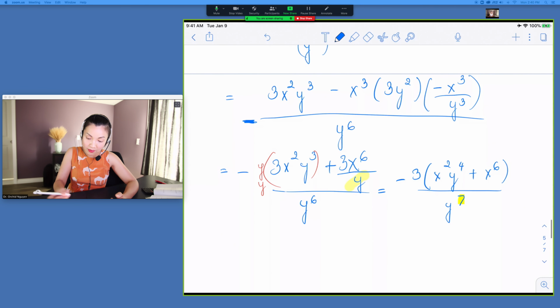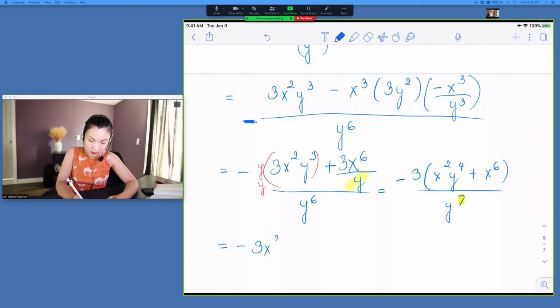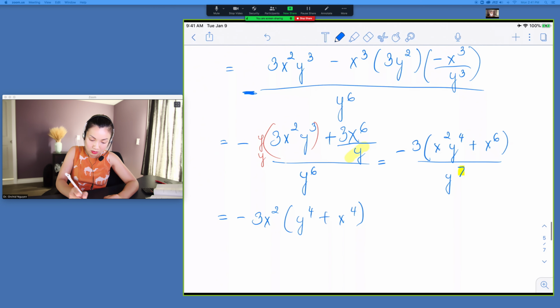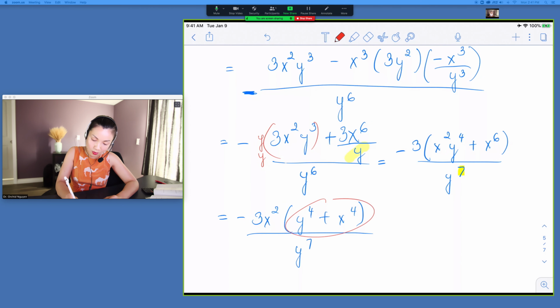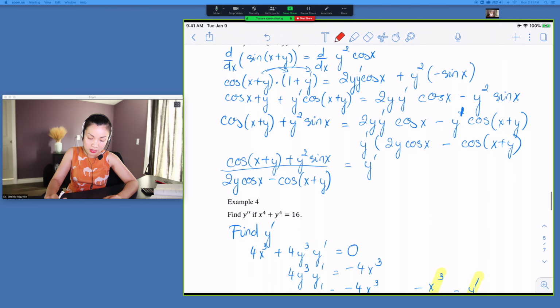So I can definitely take the x squared out. So if I take the x squared out, I end up with y to the 4th plus x to the 4th over y to the 7th. But what do we know earlier? We know that y to the 4th plus x to the 4th is 16. That's how we started the problem.